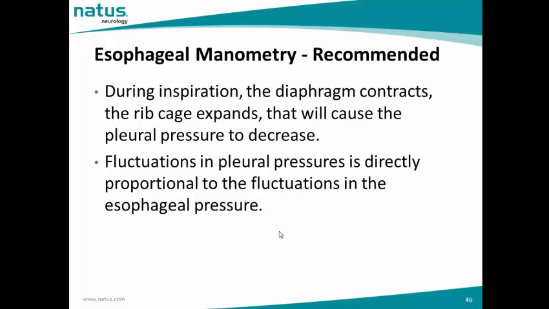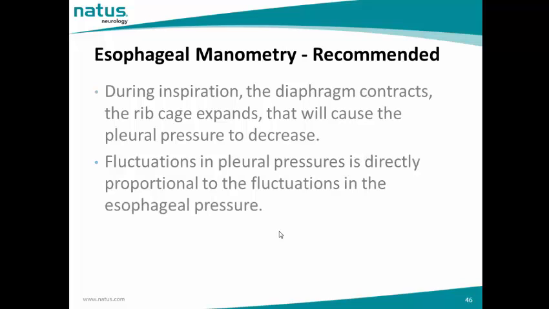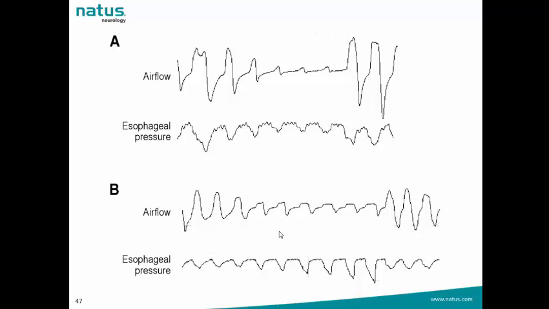During inspiration, the diaphragm contracts and the rib cage expands, which in turn causes the pleural pressure to decrease. Fluctuations in pleural pressure are directly proportional to the fluctuations in the esophageal pressure. Esophageal pressure manometry can help us in distinguishing central hypopneas from obstructive hypopneas.